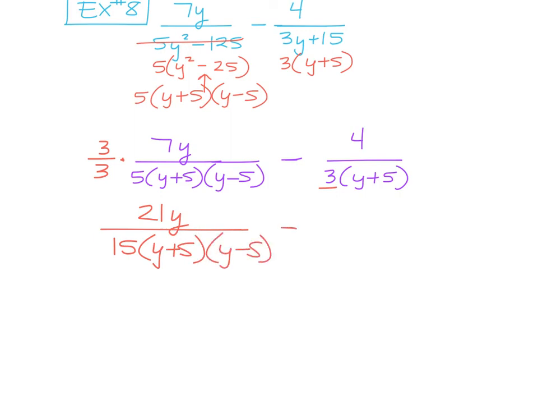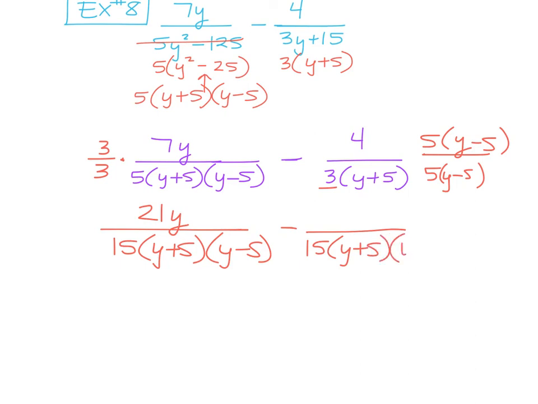Okay, and then we're subtracting. What do you need to multiply the right side by? 5y minus 5. Okay. So when we simplify, on bottom we know we have our 15, y plus 5, y minus 5.